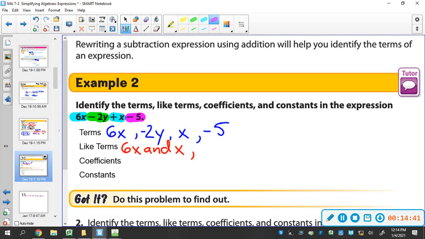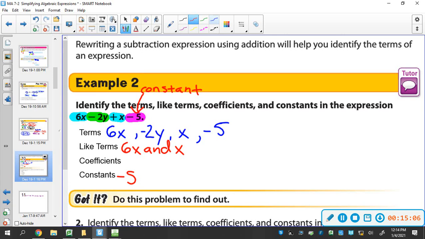So I don't have any other like terms. That's it. Those are the only two that have the same variable with the same exponent. Okay? This one here is a constant because it is a number by itself. That is my only constant there. All of the other ones have variables. Every other term has a variable.